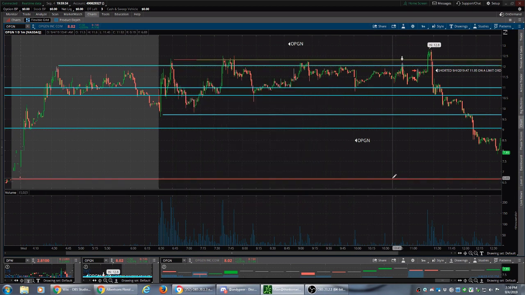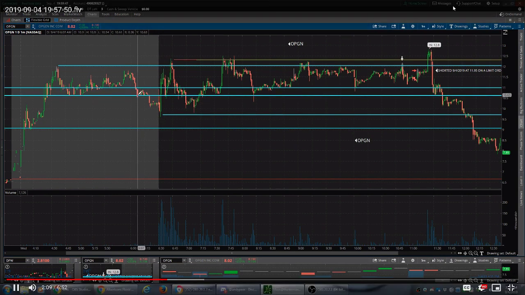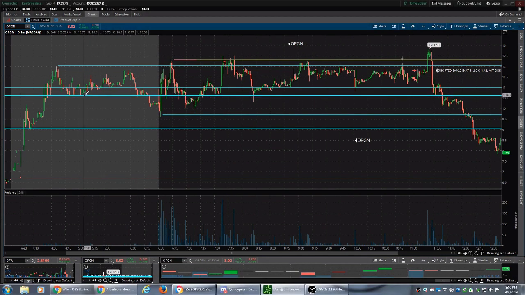Okay, so here's our opening. Shot up at the opening, pulled back. Here's right where one of my lines was drawn, and it was not drawn on this, it was drawn on pre-market. So it was drawn from right here in this area, and right here, you can see, right?